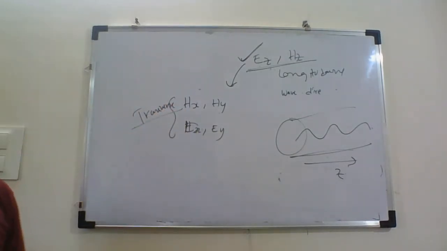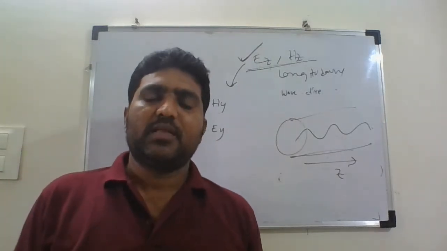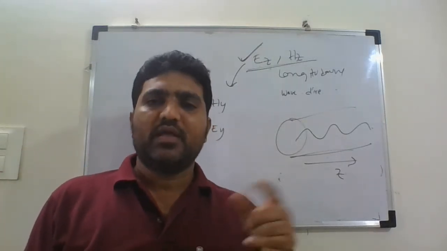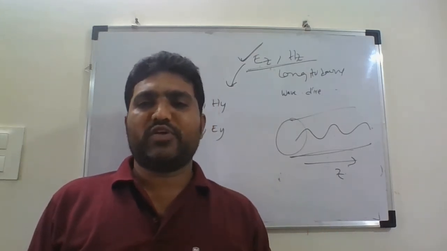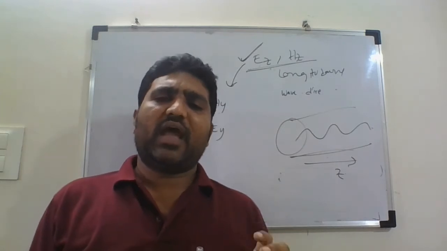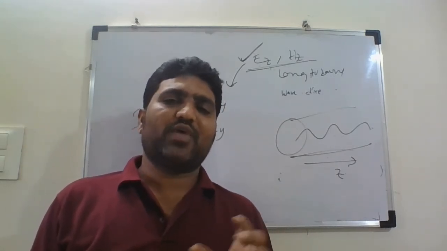Therefore, if you look at the first equations that we derived from Maxwell's equations, that is equations 1 and 2, the three equations of set 1 and the three equations of set 2, there we have the values of Ex, Ey, Ez and also Hx, Hy, Hz.